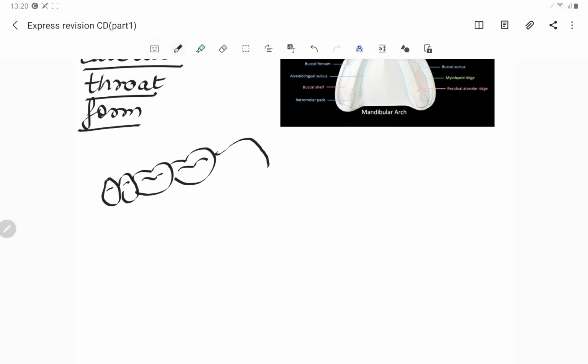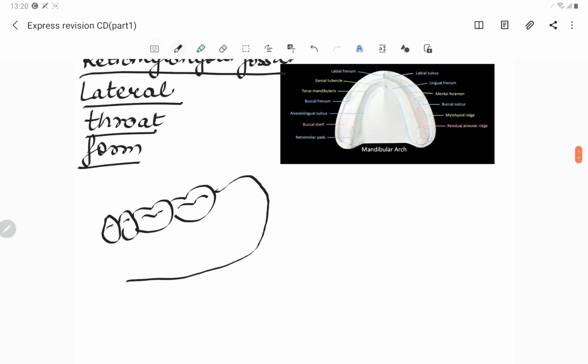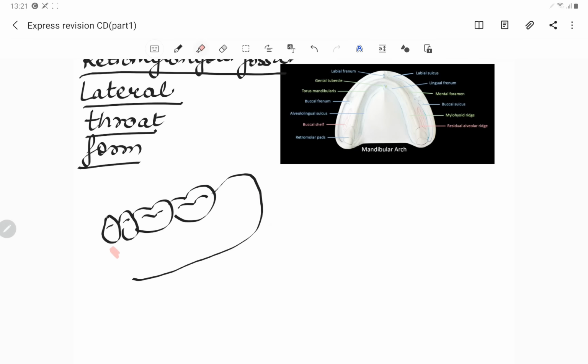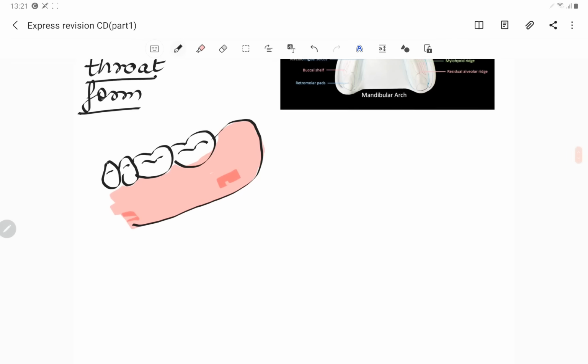Now this is the distal extension of the body, the distal part of the denture, and this distal part of the denture is the lateral throat form, which lies in the retromylohyoid fossa. That is why we also call it the lateral throat form.